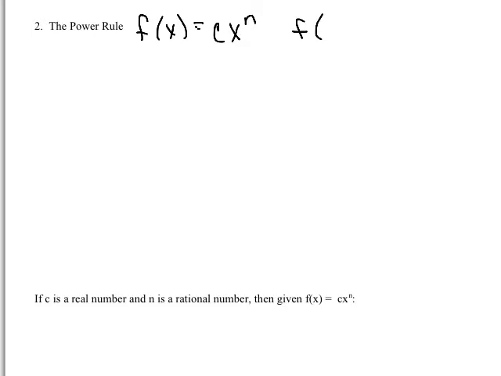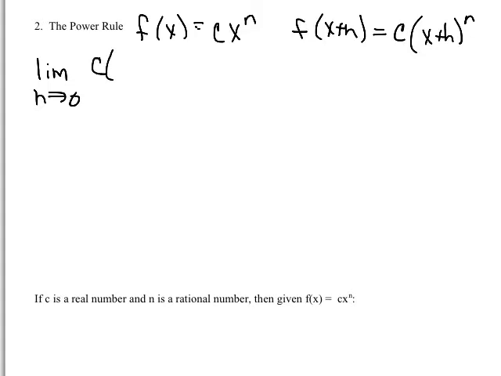That means f of x plus h is going to be my coefficient c times the quantity x plus h raised to the nth power. So if I substitute into my definition, I have c times the quantity x plus h to the nth power minus c times x to the nth power all over h.